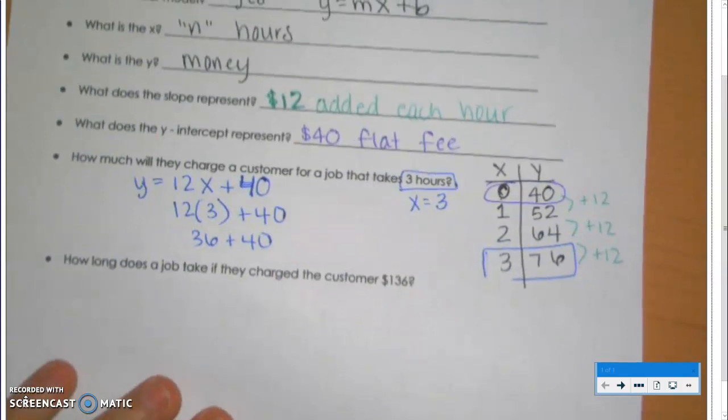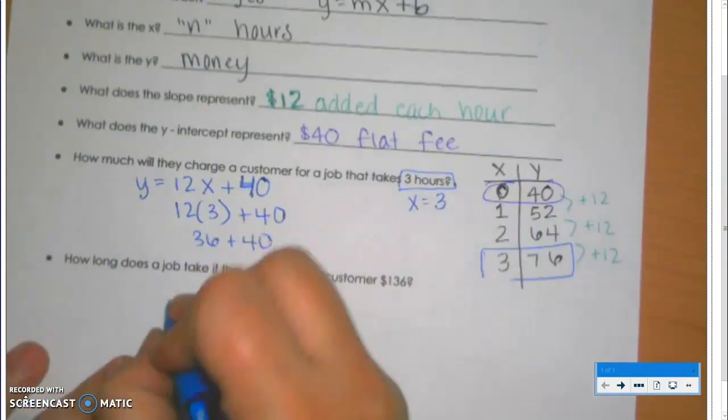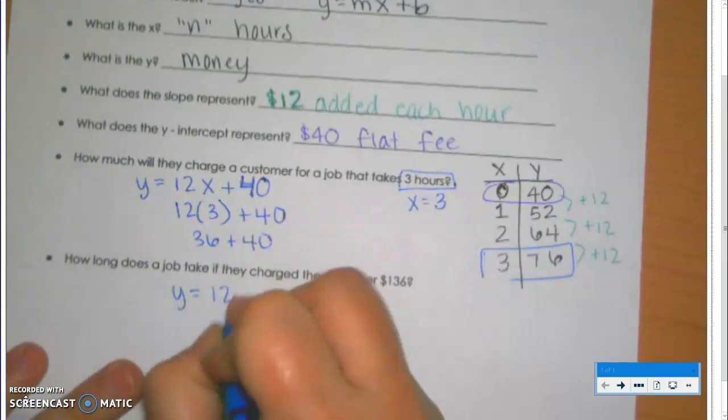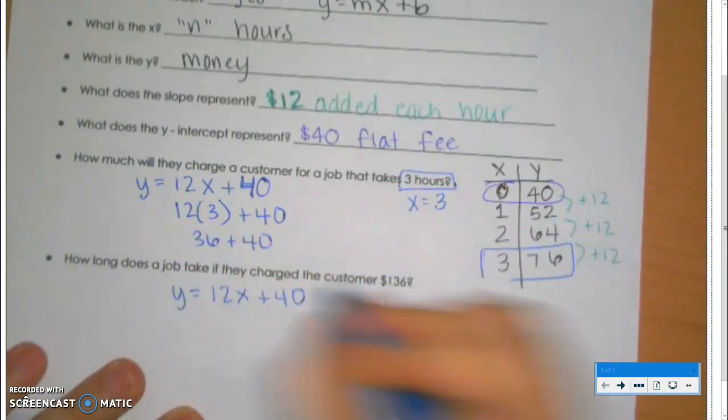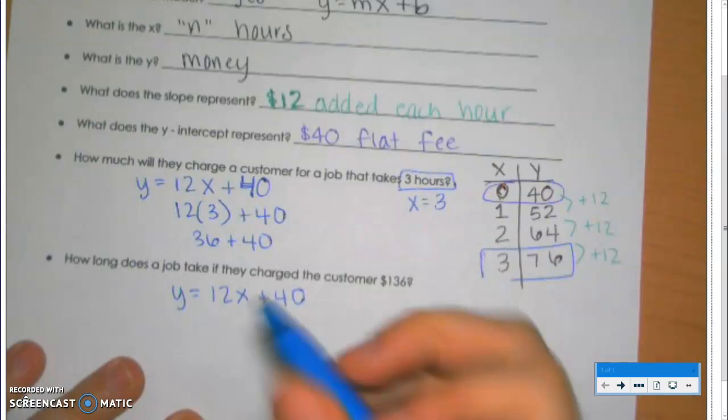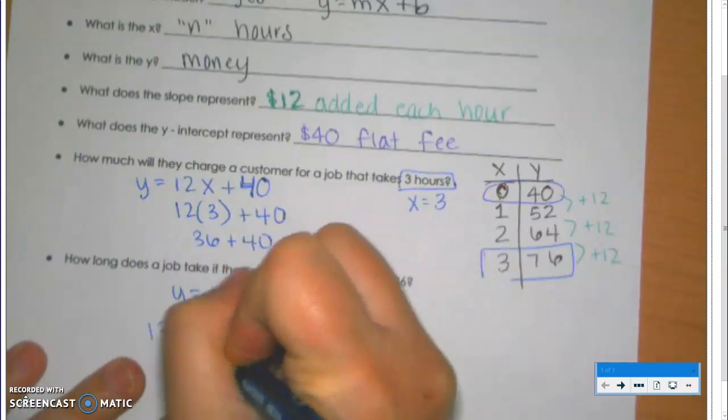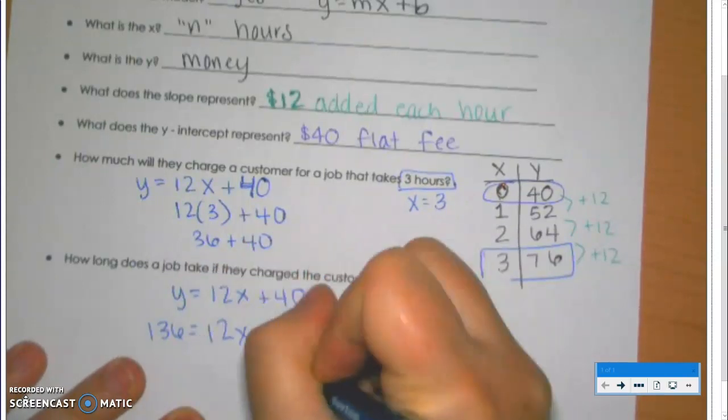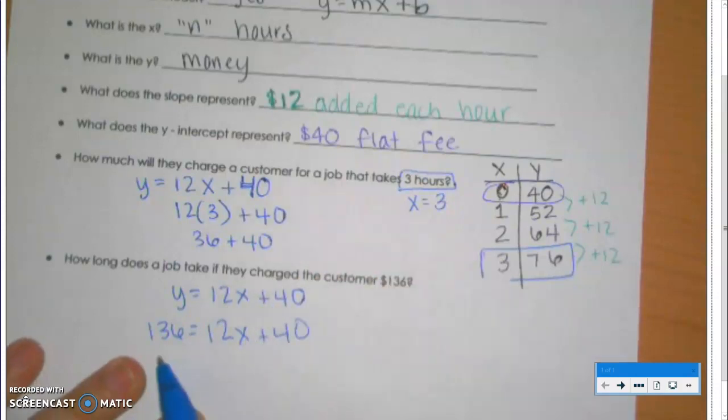How long does a job take if the plumber charged $136? So this means I'm solving for x. I'm solving for how long it takes. So if I use my y equals 12x plus 40, I'm looking for when the y is equal to 136.